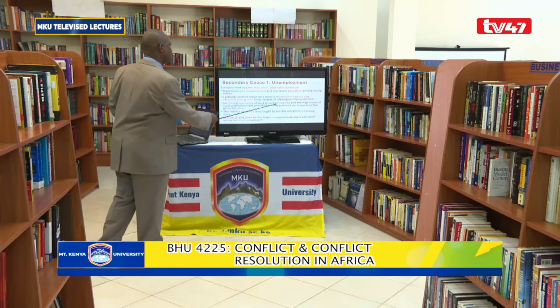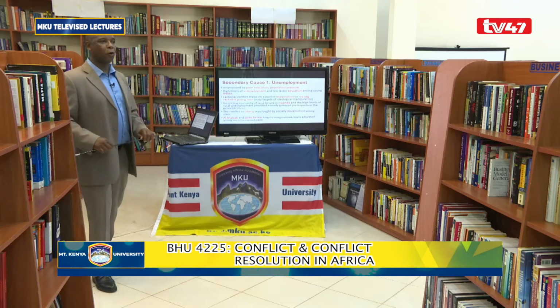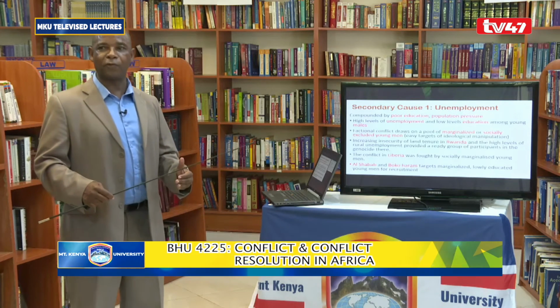For instance, in Rwanda, even though we had differences that were primary conflicts based on resources, what flared up that conflict was the recruitment of young men into these warring factions.